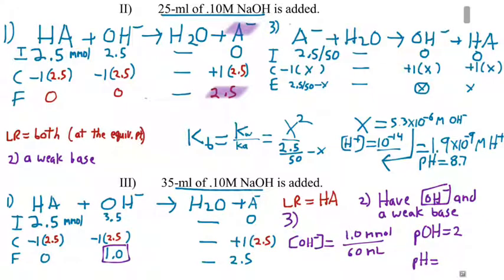And then it's easy to find pH because pOH plus pH is 14, which is the same equation we used earlier. H plus times hydroxide is 10 to the negative 14th. pH plus pOH is 14. Same equation, just with logs. So 14 minus pOH is pH, so that's 12.